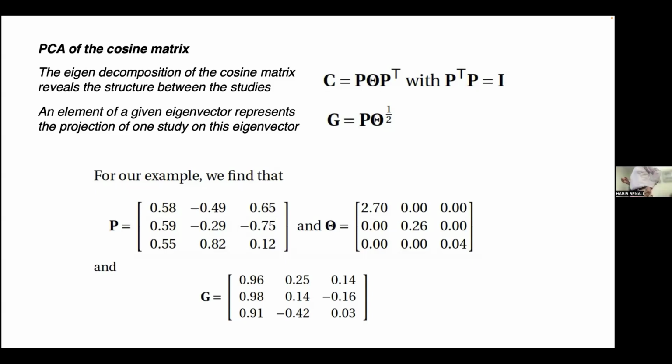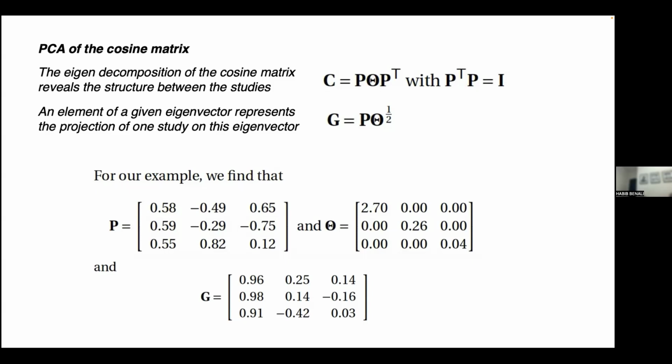So this is exactly what the PCA did. We decompose the covariance matrix into eigenvalues and eigenvectors, and the eigenvectors are of norm equal to 1. This is what I wrote here. In this case, what is this? This is like a projector. G is a projector on the eigenvectors of these compromise matrices.